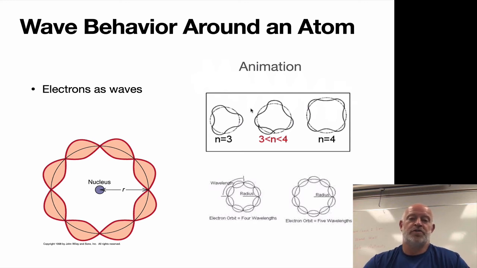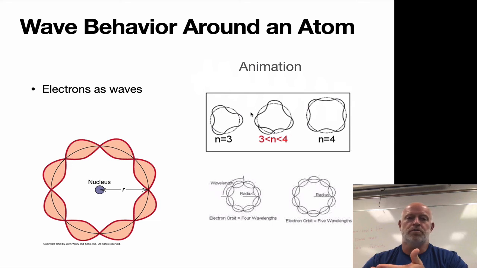Now, electrons acting as waves is the reason why we have quantized energy. If electrons didn't act as waves, we wouldn't have a reason why electrons behave in this pattern which we experimentally see with our emission spectrums. So it all comes together: we see emission spectrums, which means electrons have to act in a manner that quantizes their energy.